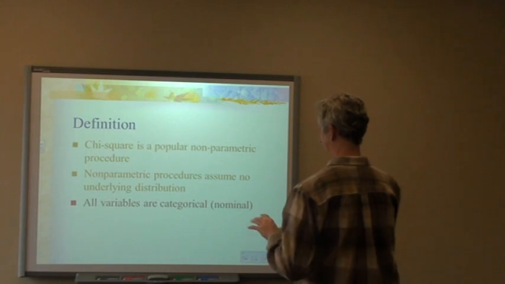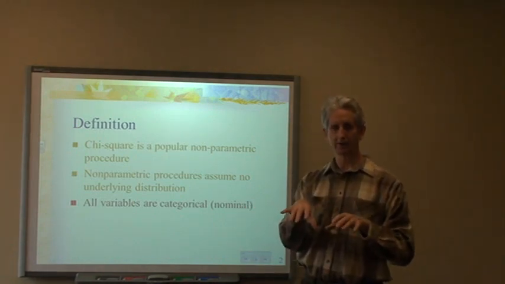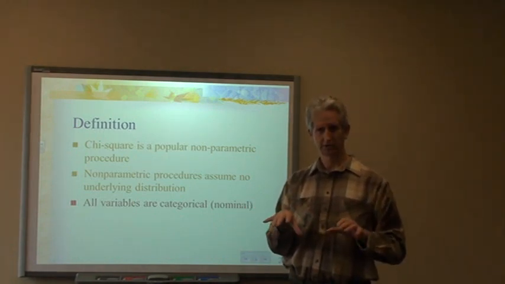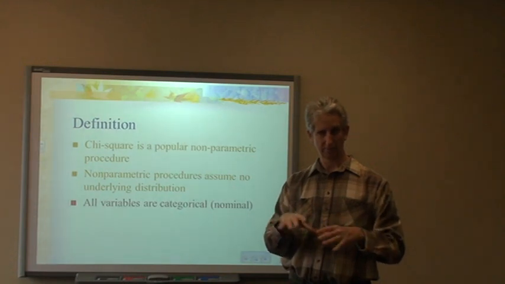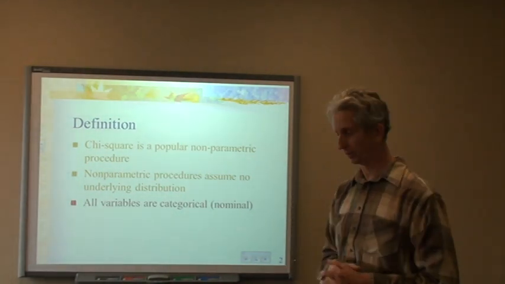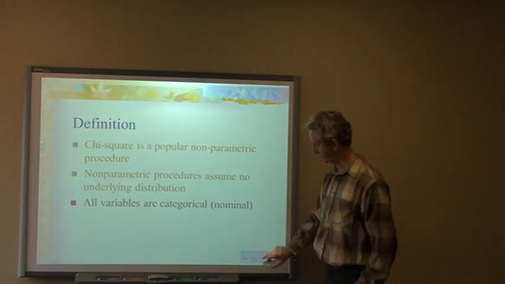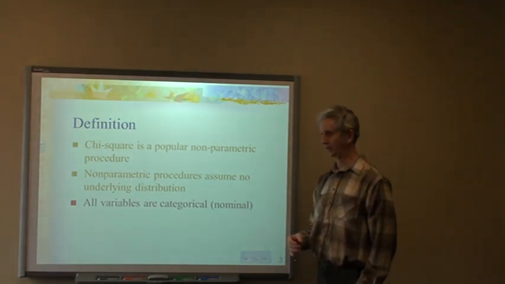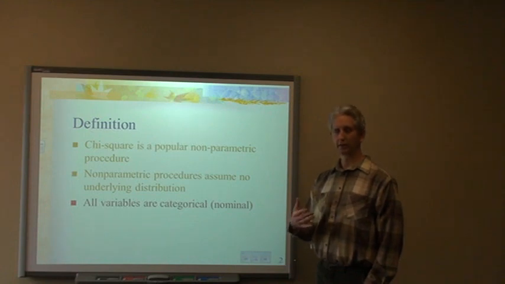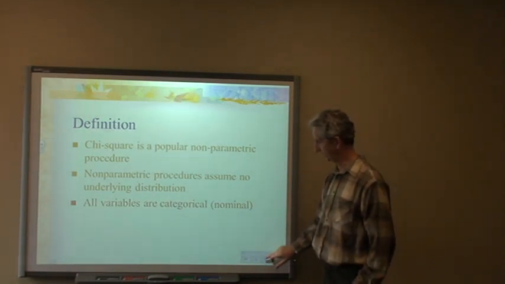Instead, you're looking at different categories to see how the distribution of subjects within those categories measures up against each other. So again, there are times when using a chi-square or another non-parametric procedure is fully germane to the research context.